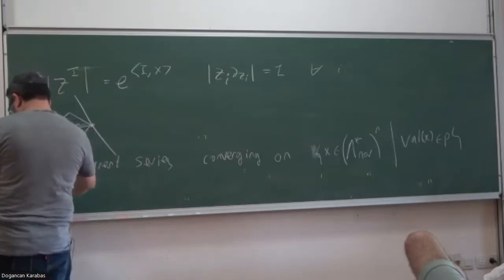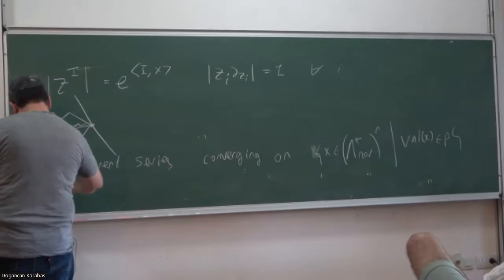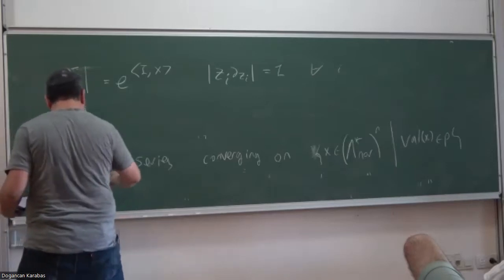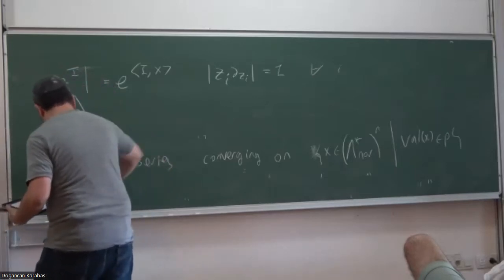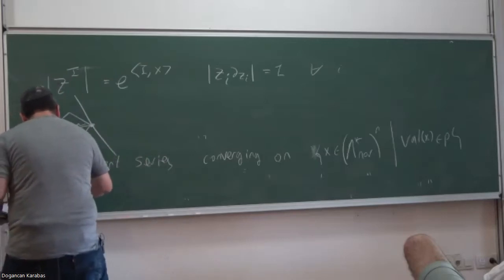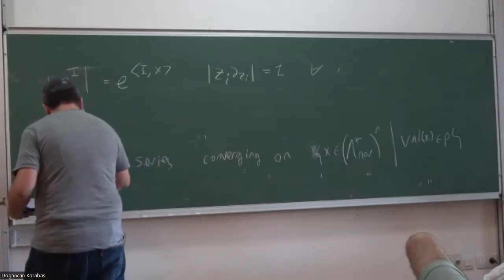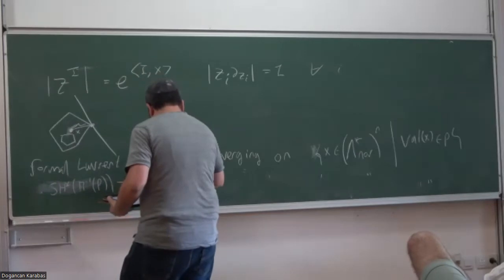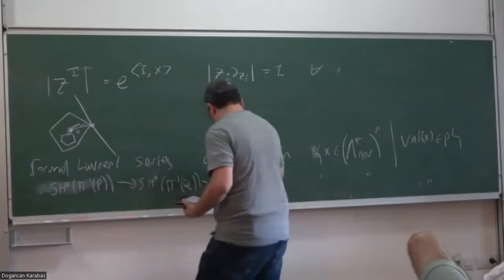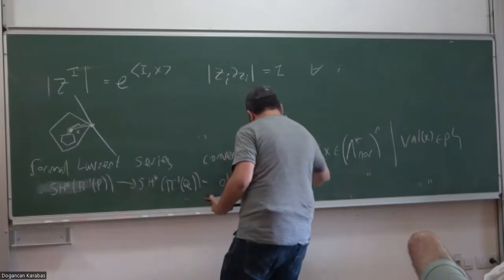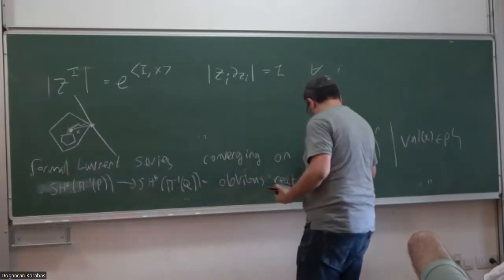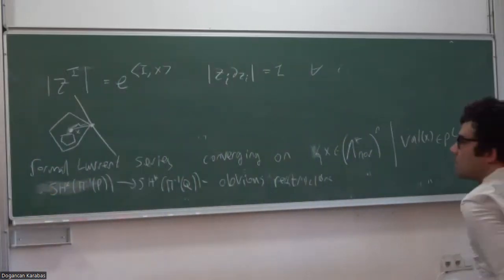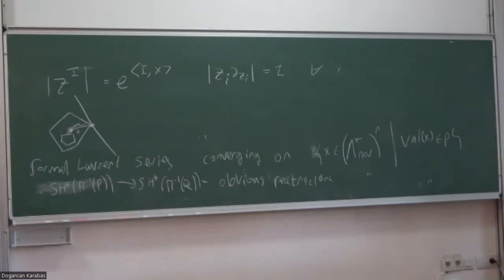So the restriction maps, like Floer theoretic restriction maps of SH, or maybe let me say it like this: the maps from SH star of pi to the -1 P to pi to the -1 of Q are the obvious restriction. Okay, and there's just one more item, but before I go to the next item, maybe I stop, any questions?